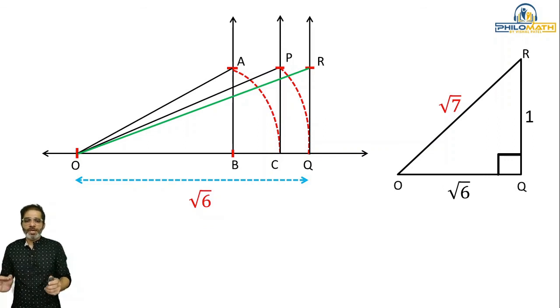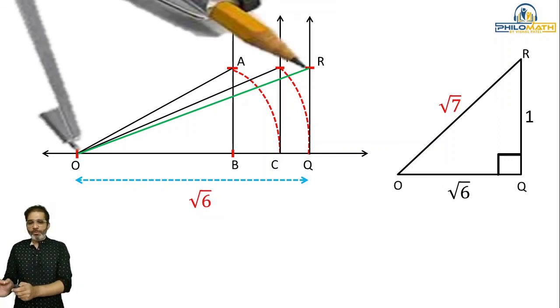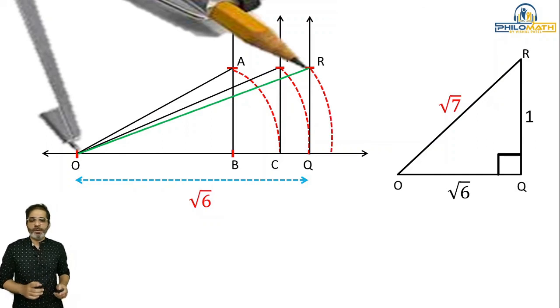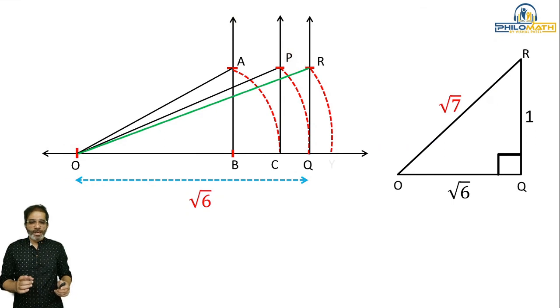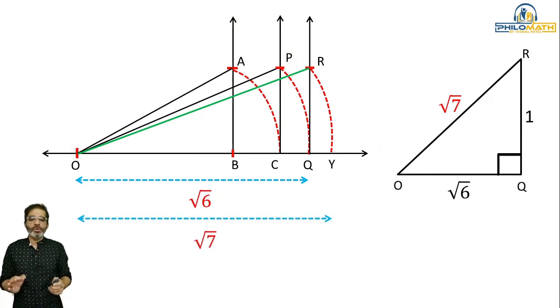Again with the help of a rounder, keeping the rounder point at O and the pencil point at R, I cut an arc on the number line. So I get point Y. OY is root 7.